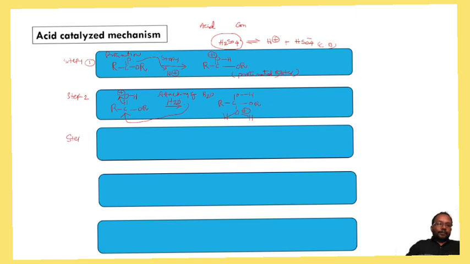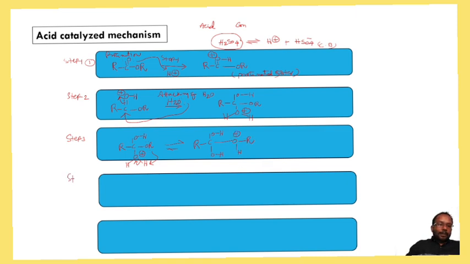In step 3, the product loses a proton from this oxygen to the alkoxy oxygen, which takes up the proton to form another oxonium ion.